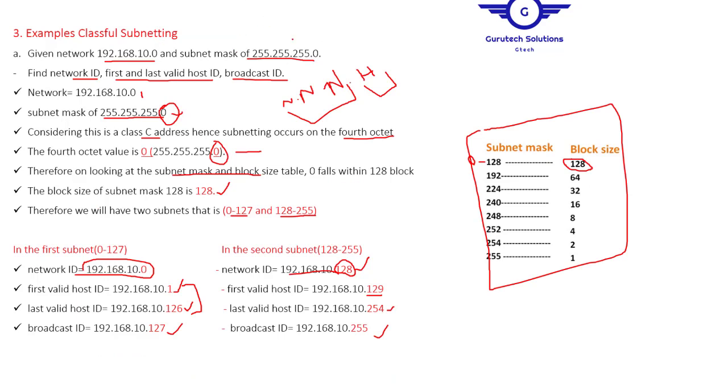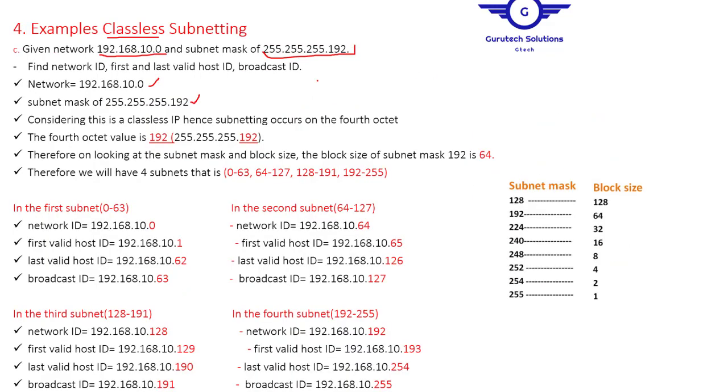This is classful. You could see that this is a class C address, and for a class C address, this is the normal subnet mask. So it becomes classful. When you come here, this is also a class C address, but the subnet mask is not the normal subnet mask of a class C address.